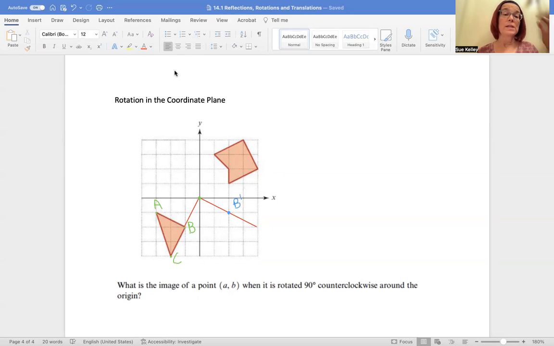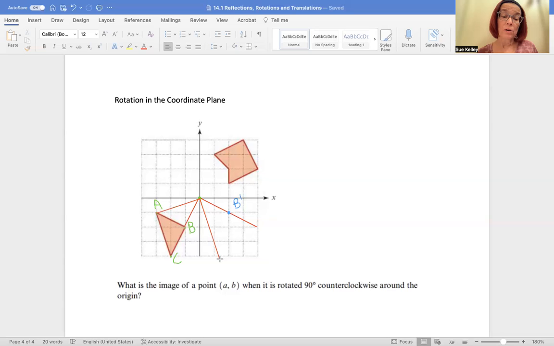Let me show you how I do this using A. So A here, I'm going to draw a line segment from A to the origin. And then I'm going to draw a line in a 90-degree angle.